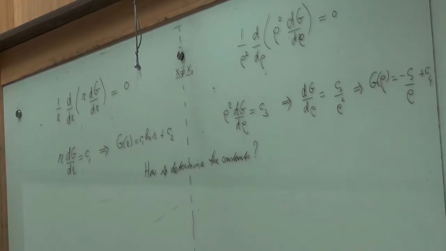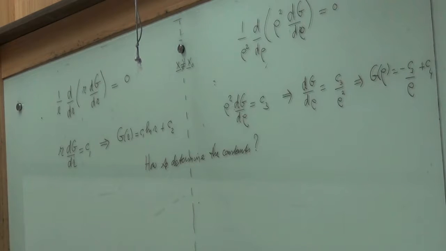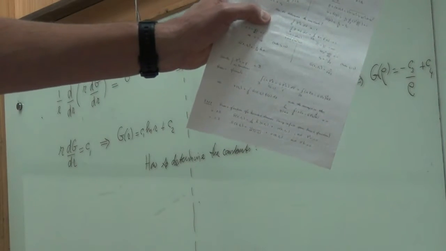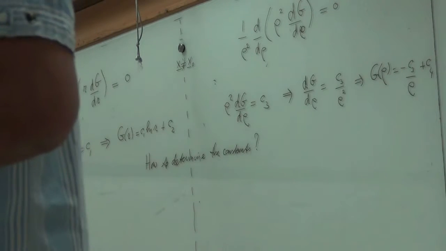I said, let's consider the problem for x smaller than x0, and for x larger than x0, and solve the problem. That's also what I'm doing here. Forget about x0, stay away from that. I can solve the differential equations. And then I had to include at a certain moment the delta function.